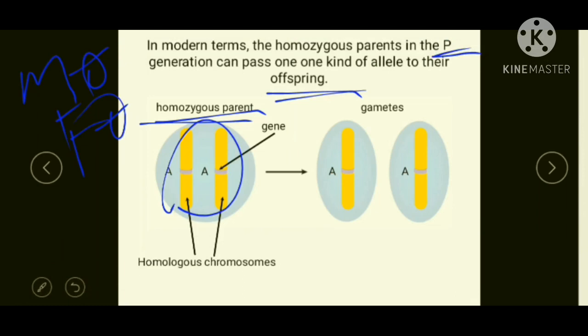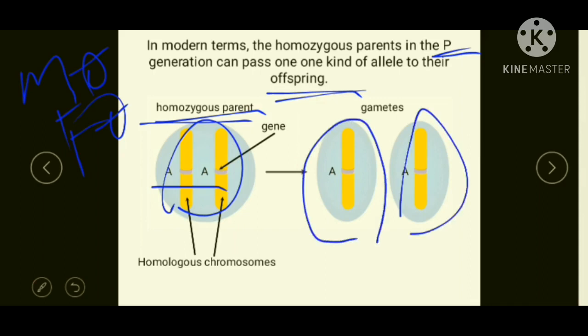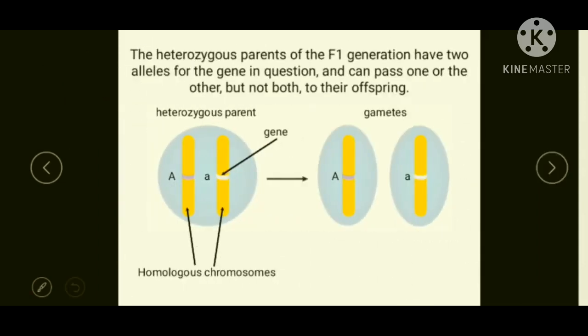These homologous parents have two alleles, but during gamete formation, the alleles of the parental generation are separated individually. The father and the mother have two alleles, but during gamete formation they pass only one allele to their offspring. This is known as the law of segregation.